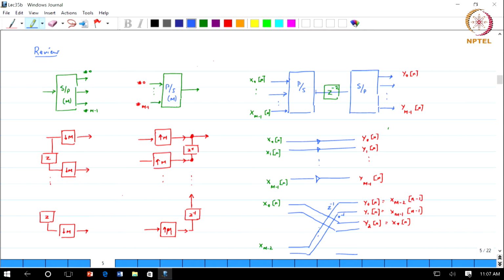If you did not have this z power minus 2, these would be straight lines if you have a parallel to serial and a serial to parallel converter, but if you had delays, then you start to see some changes in the interconnections. But again, this is a very simple example, but the more important thing is what happens when we have it in the context of a practical channel.